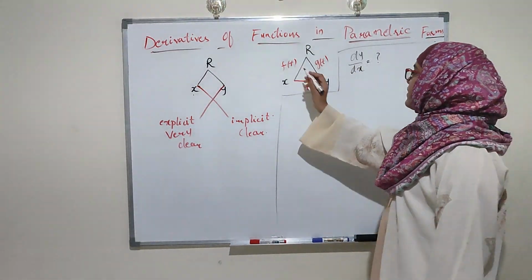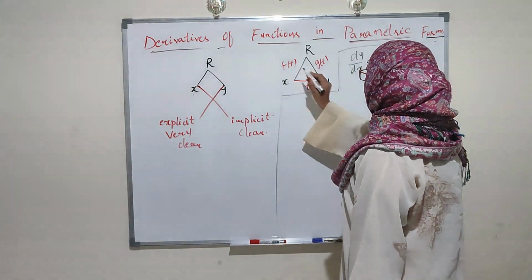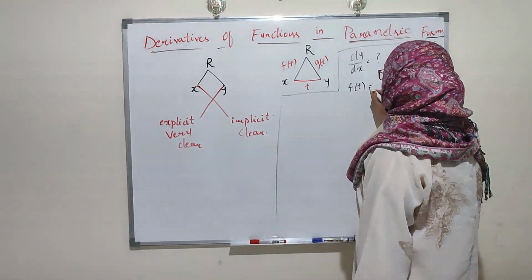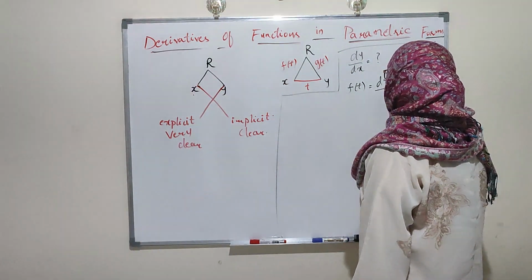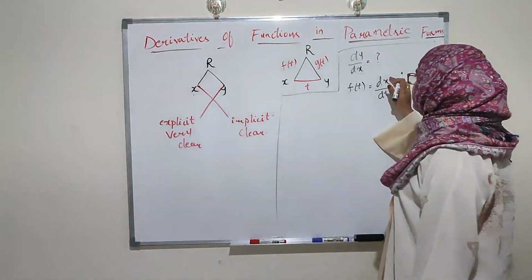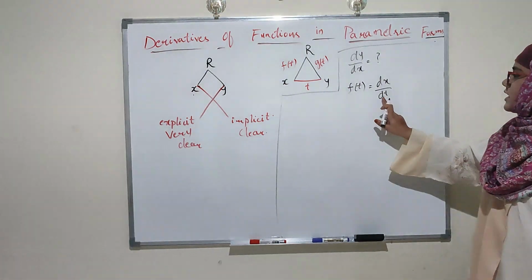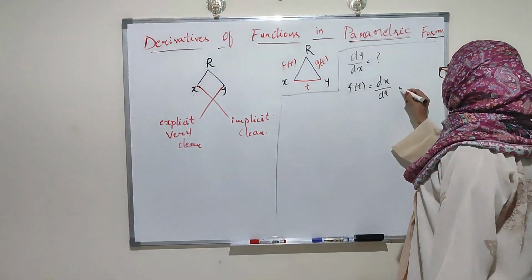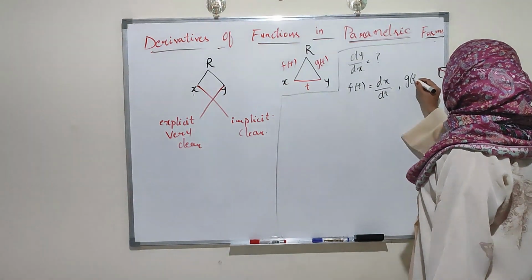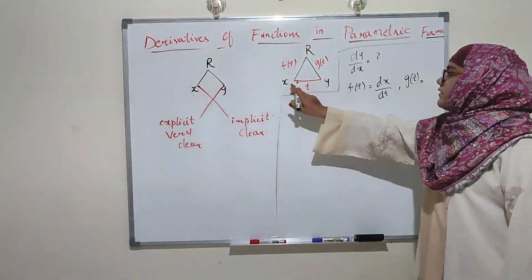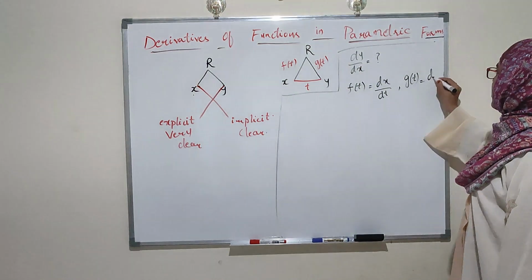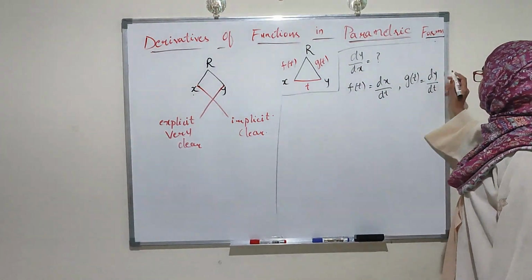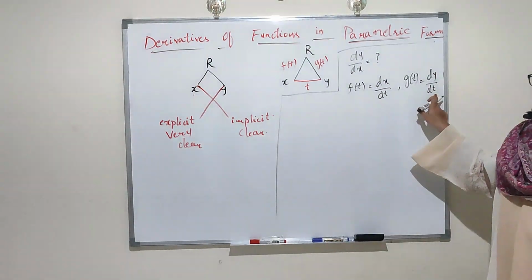Now first write f of t, which is nothing but dx by dt. In terms of x and t, we are differentiating x with respect to t. Now similarly g of t is equal to dy by dt, we are differentiating y with respect to t.